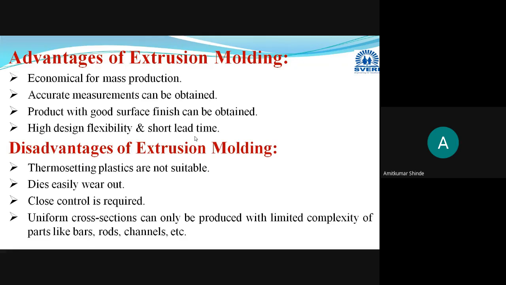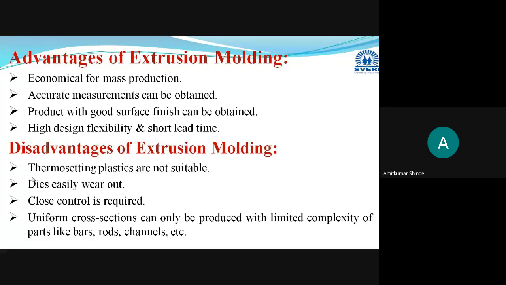Okay, and what are the disadvantages of this extrusion molding process? It can be applied only for thermoplastic materials. You cannot use it for thermosetting plastic materials. This is the first disadvantage. Why can it not be used?